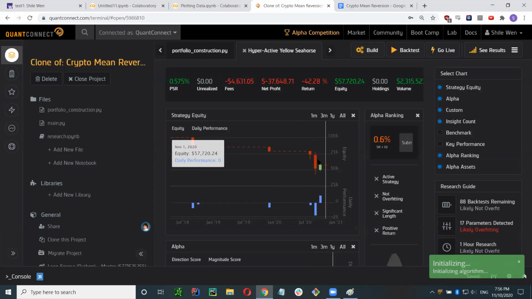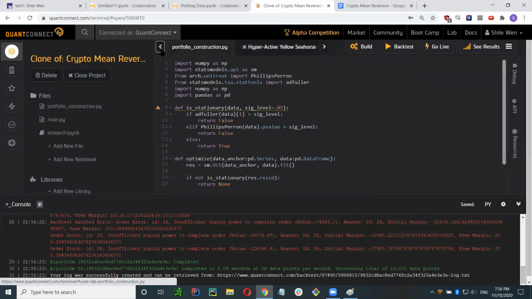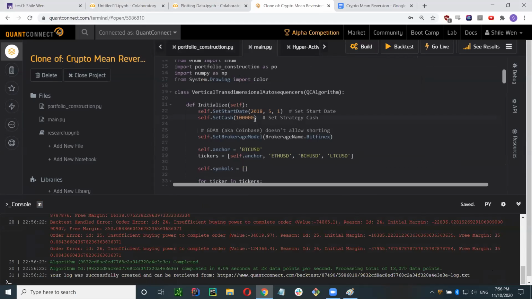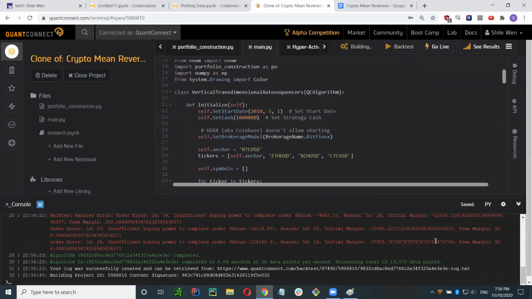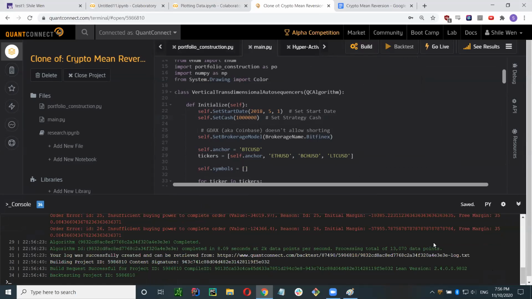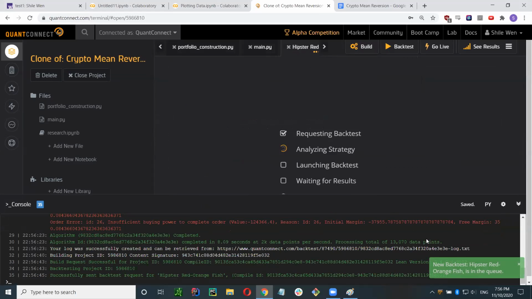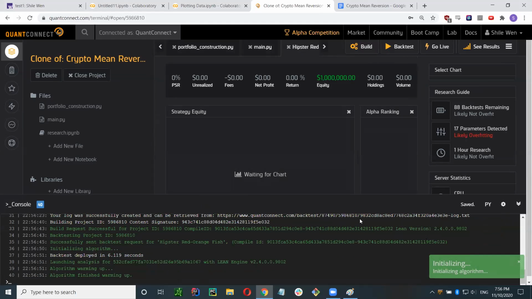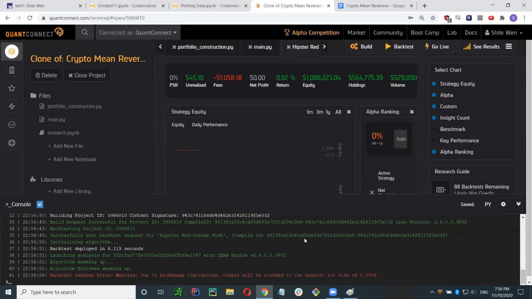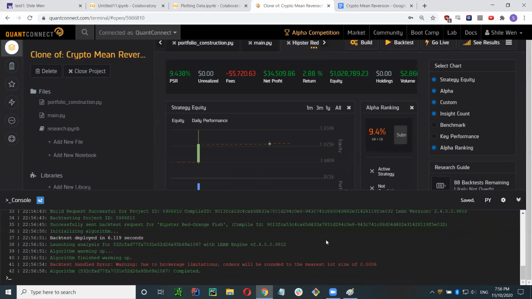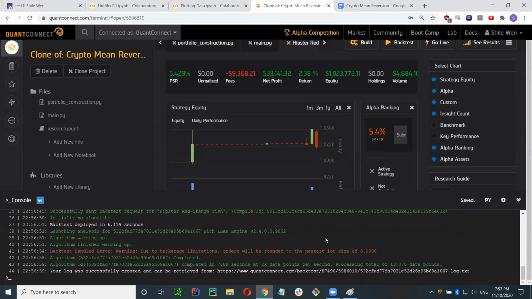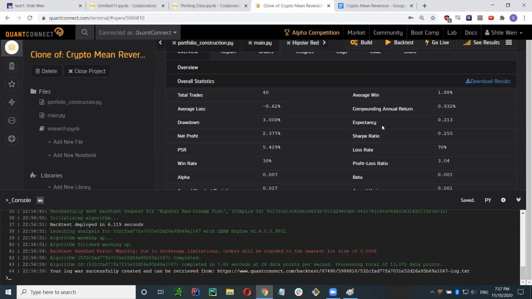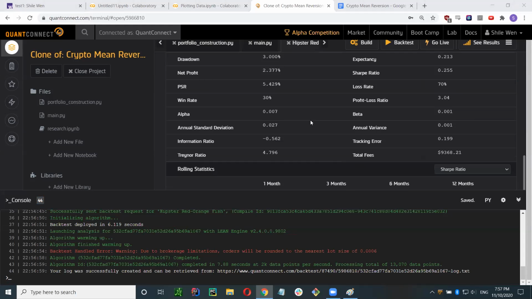It's losing money. That's weird. The Sharpe actually increased.